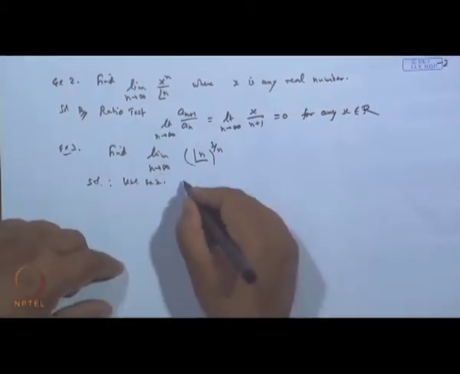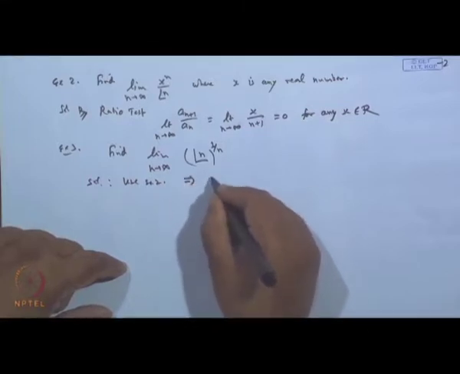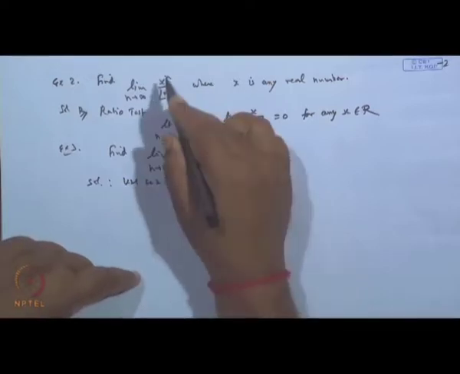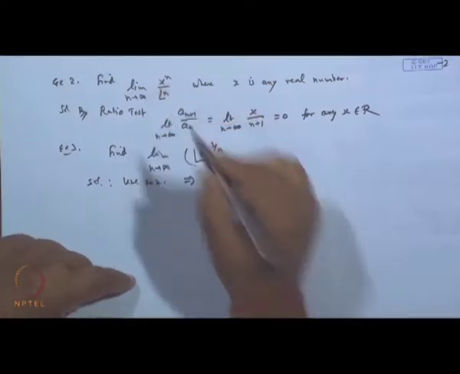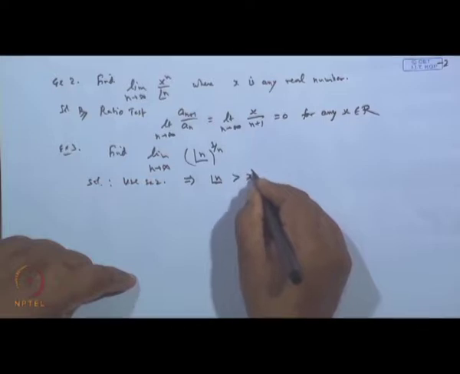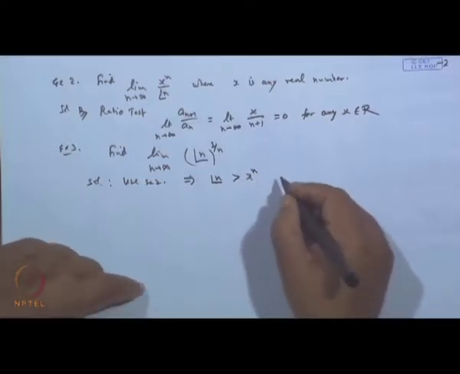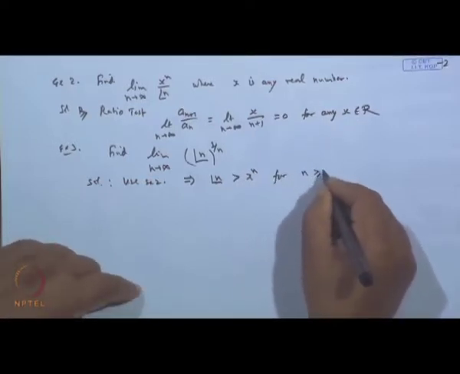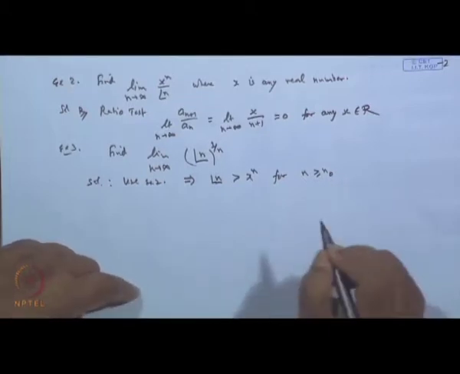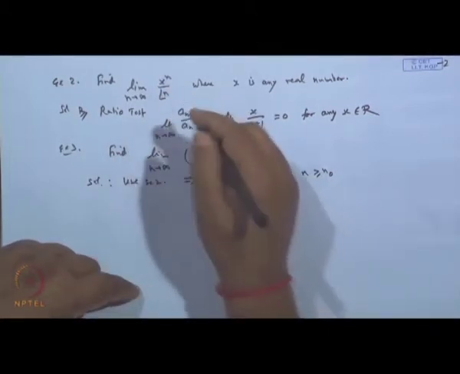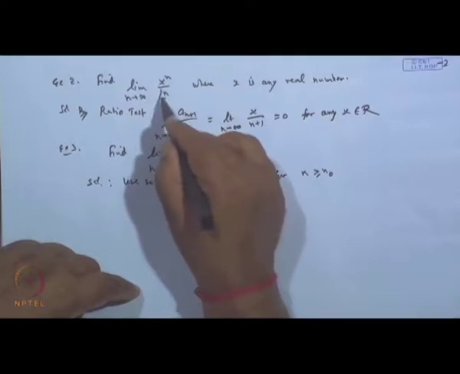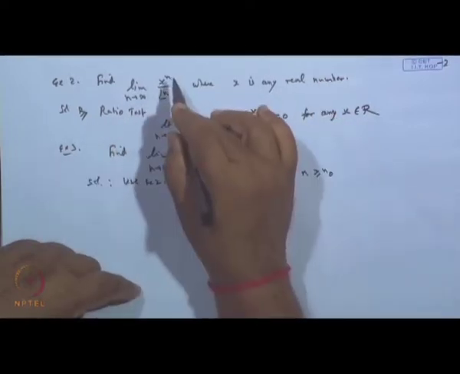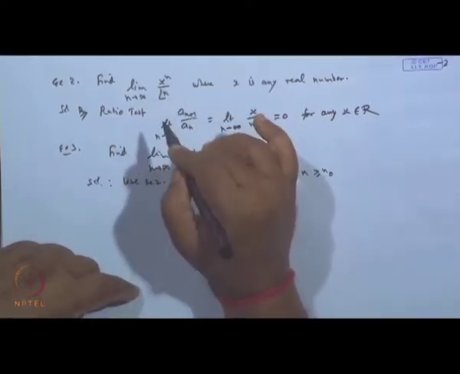So, from exercise 2, it implies that factorial n goes much faster compared to x to the power n. That is, this will always be greater than n for n sufficiently large, say n naught, because it is tending to 0, which means the denominator is going much faster to infinity compared to x to the power n.